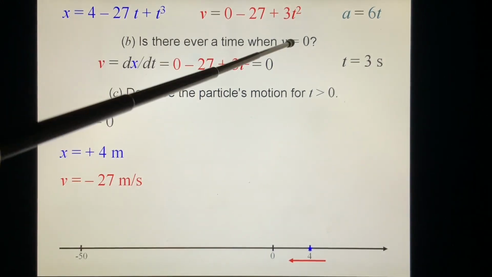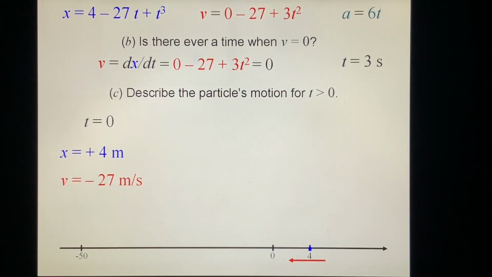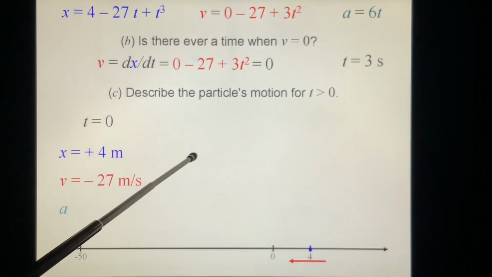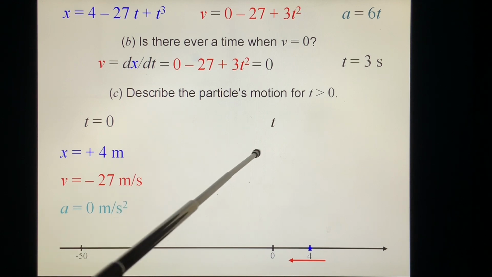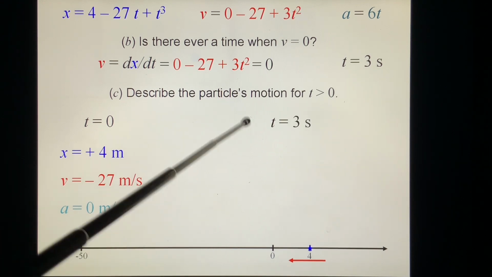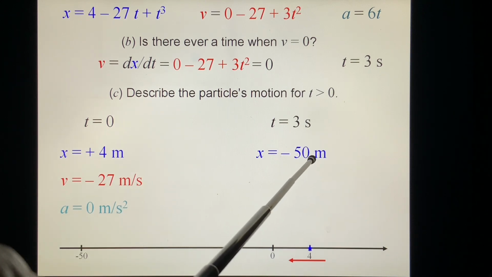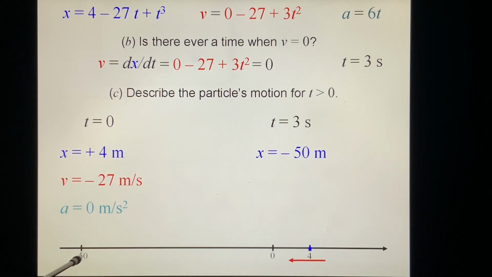This is v equals 0, which means the velocity will change direction. So let's see what's happening at t equals 3 seconds. We put 3 here, x equals minus 50.